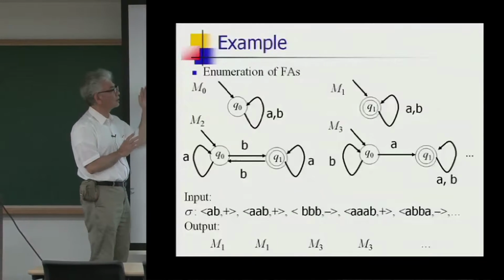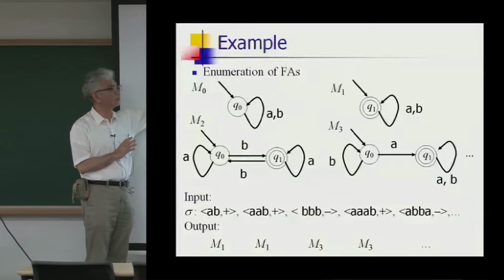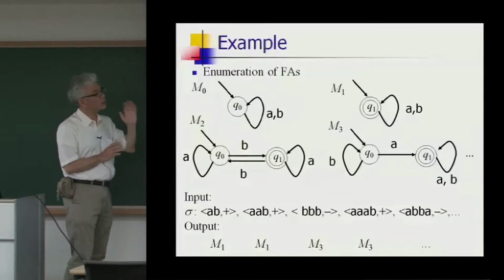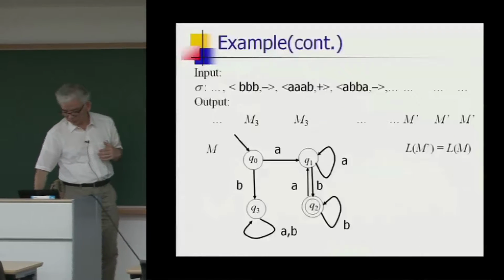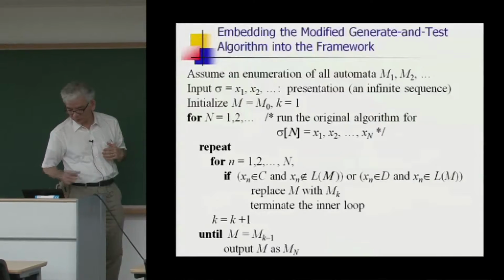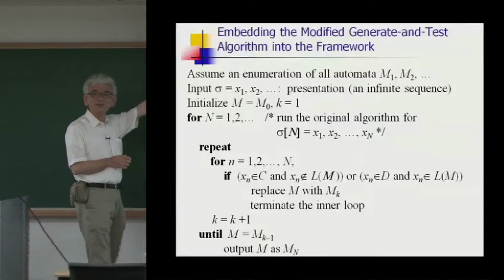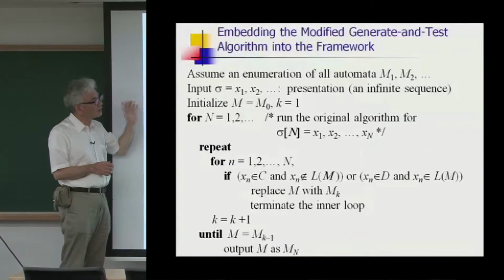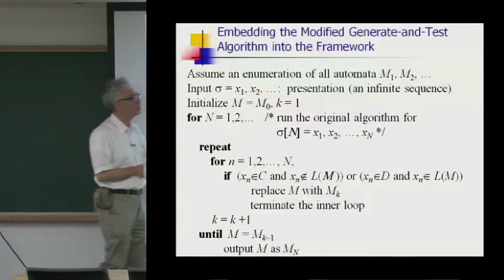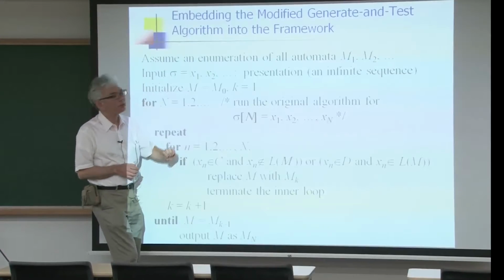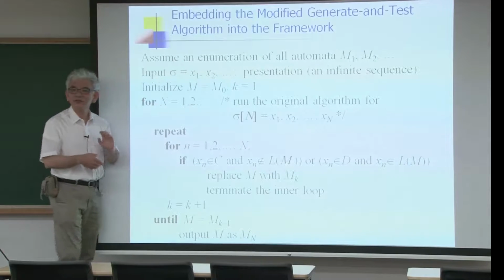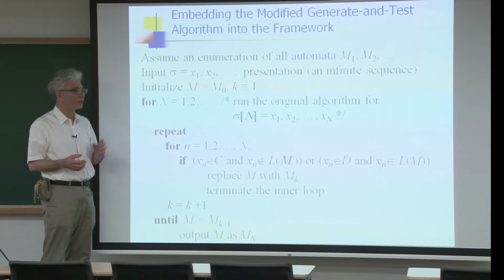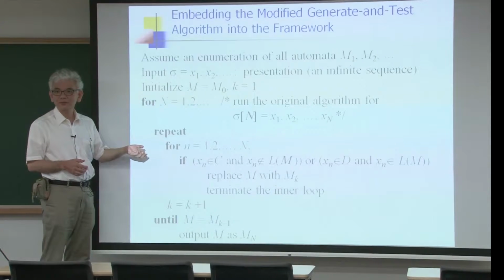Okay, we first consider the enumeration of finite state automata. So please consider the generate and test algorithm. The generate and test algorithm takes one example and one automaton and checks the consistency. If it is okay, then it outputs the automaton as a conjecture.